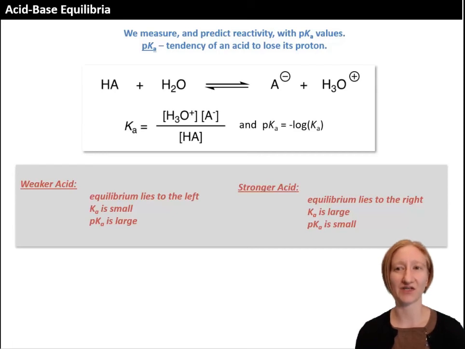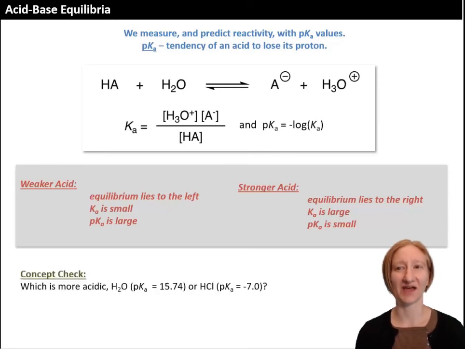The Ka value will be small, and the pKa, the negative log of the Ka, will be large. So a large pKa corresponds to a weak acid. If the equilibrium lies to the right, that means the acid very readily dissociates. The Ka is large, and so the pKa, the negative log of the Ka, is small. So a small pKa corresponds to a strong acid.